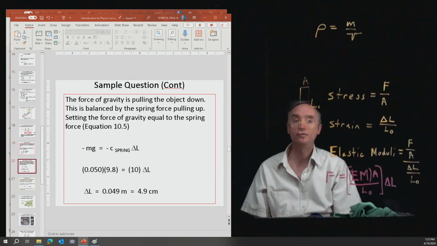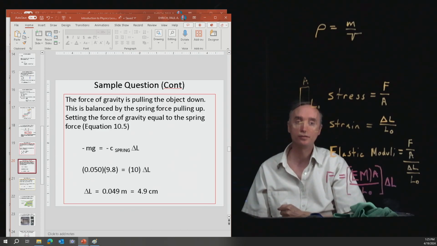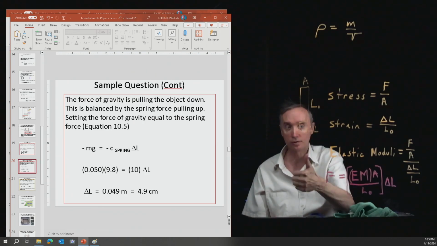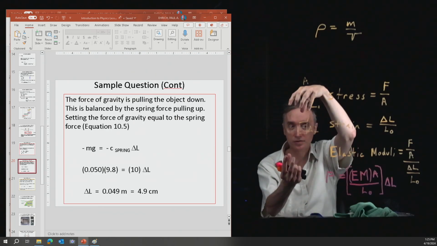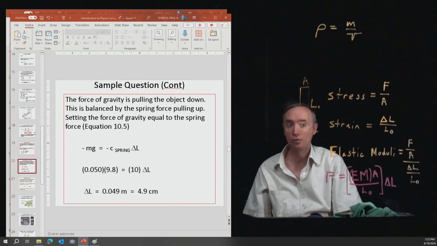And so the force that is going to be stretching it is going to be the force of gravity. So the force of gravity is pulling the object down. And then this is balanced by the spring force, which is trying to make the spring smaller. So we're going to set the two forces equal to each other.